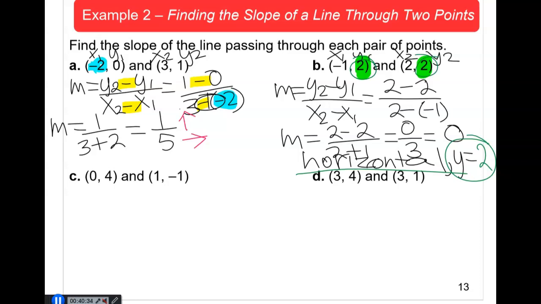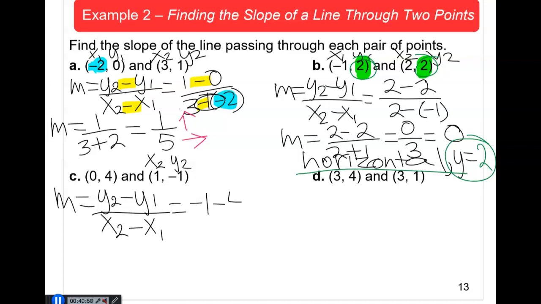Okay, next example. Again, I'm going to write the formula. So m equals y sub 2 minus y sub 1 over x sub 2 minus x sub 1. So I'm going to just start substituting. This is going to be my x sub 2, y sub 2. So it will be negative 1 minus 4. Remember, this is x sub 1, y sub 1.